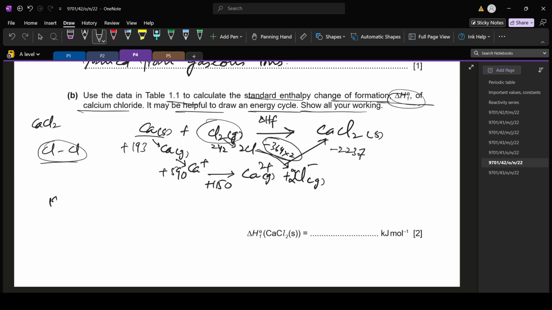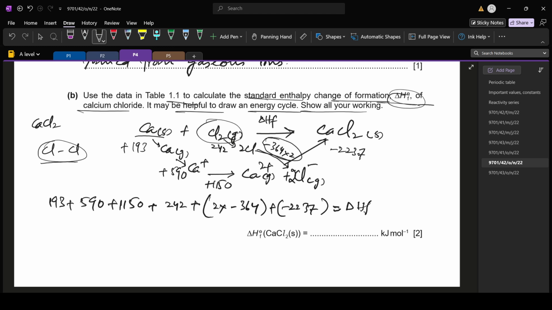So 193 plus 590 plus 1150 plus 242 plus 2 into negative 364 and then plus negative 2237 equals the standard enthalpy of formation.